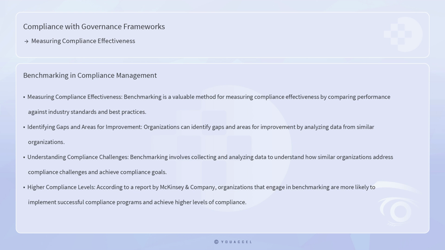For example, an organization might benchmark its compliance incident rate against industry averages to determine whether it is performing better or worse than its peers. According to a report by McKinsey & Company, organizations that engage in benchmarking are more likely to implement successful compliance programs and achieve higher levels of compliance.